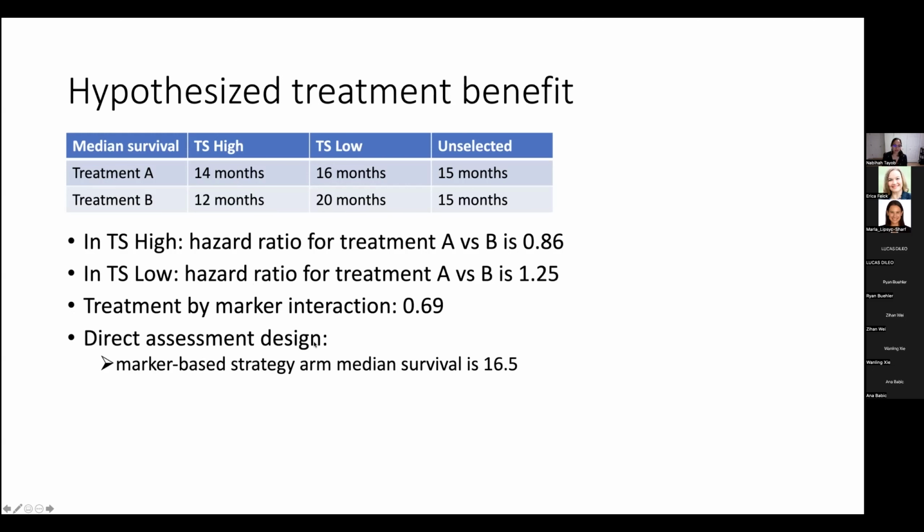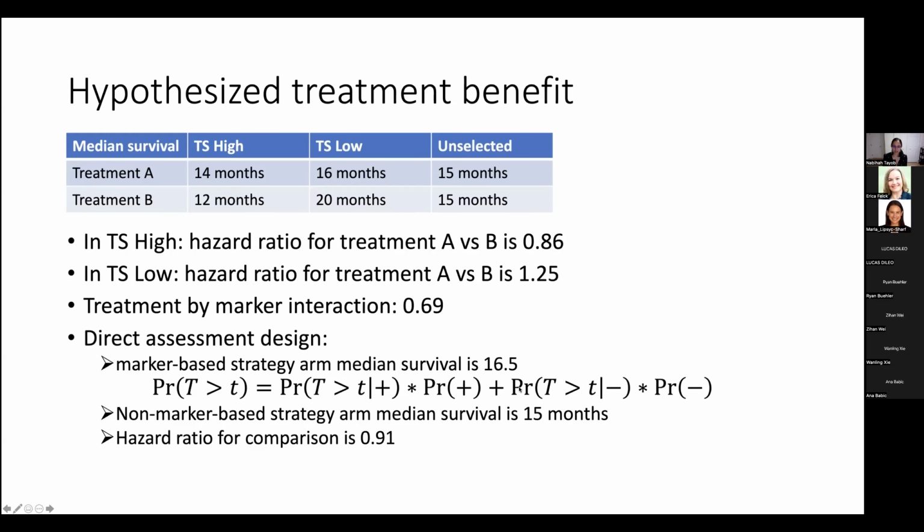So if you do the direct assessment method and you do a marker-based strategy, to get that estimate of the median survival for a marker-based strategy, you actually have to use this conditional law of total probability.